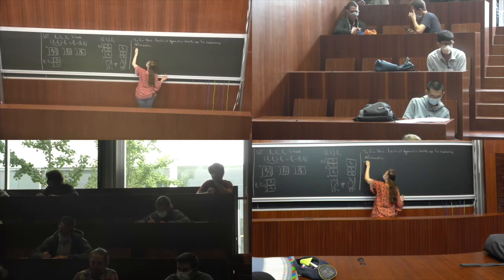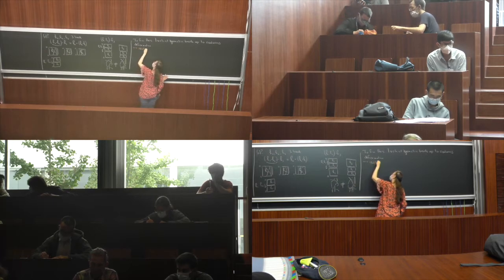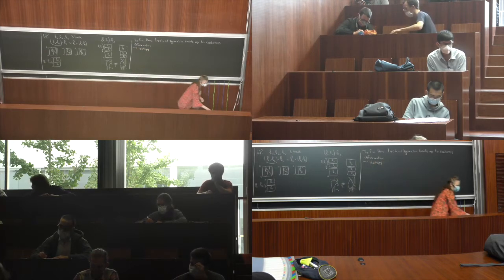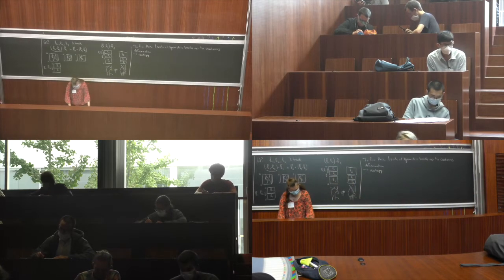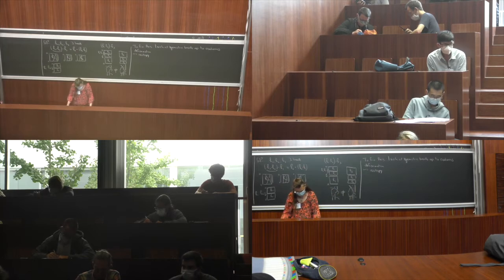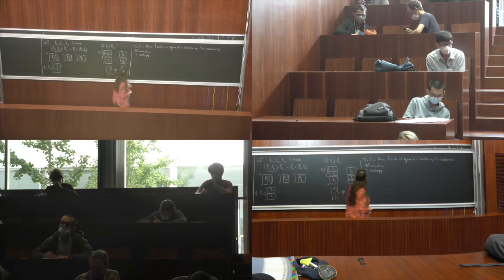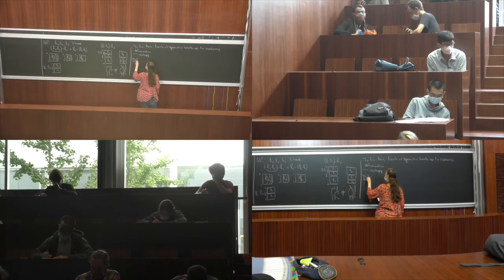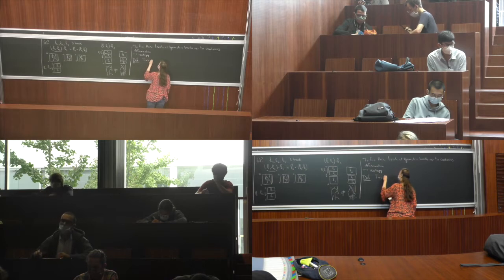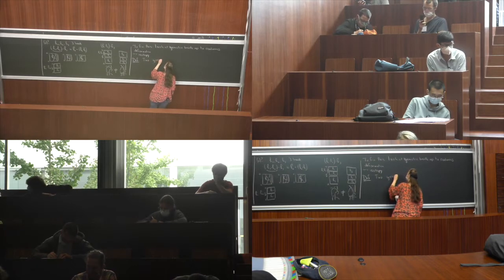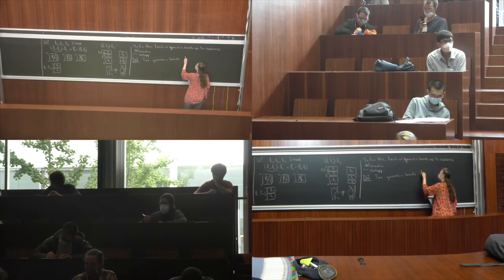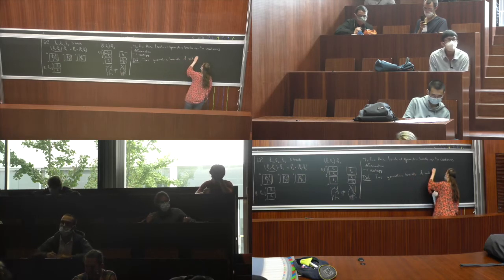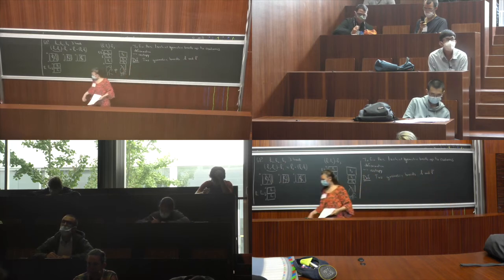And so the right notion for this will be isotopy. So let me define this property. Two geometric braids, B and B prime, are isotopic.